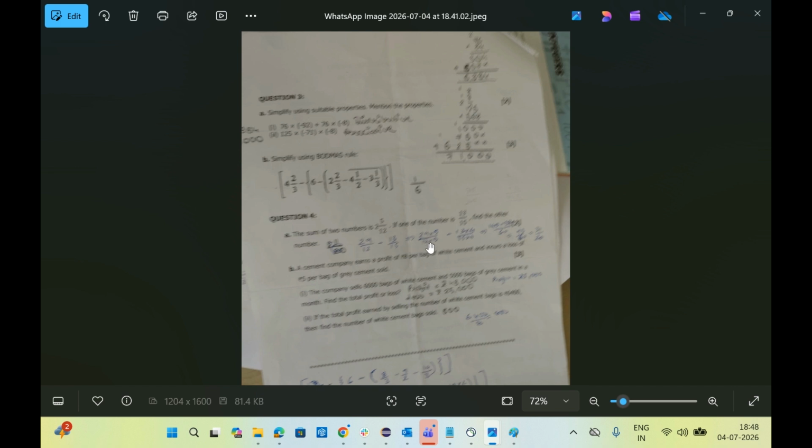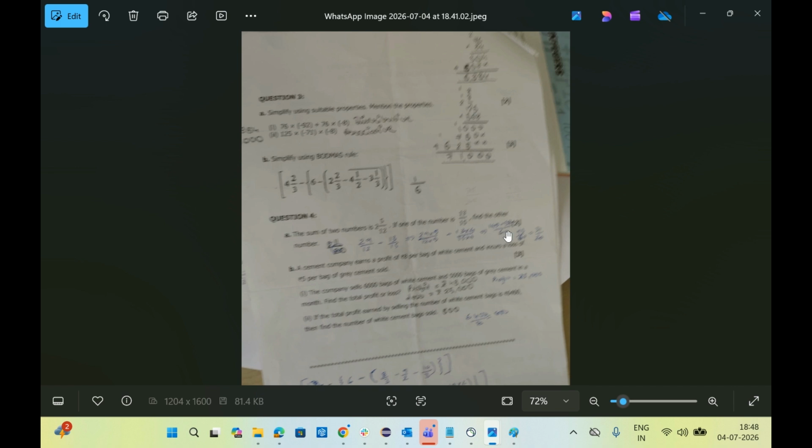29 by 12 minus 13 by 15. You do the LCM of 12 and 15. The LCM is 60. For this one, you multiply the numerator and denominator by 5, and for this one, which is 15, you multiply the numerator and denominator by 4.